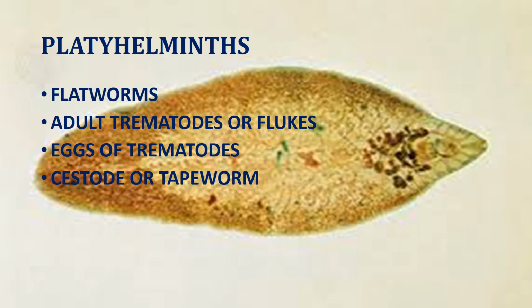Platyhelminths. Flatworms are dorsoventrally flattened animals. Parasitic flatworms may lack a digestive system. Adult trematodes or flukes have an oral and ventral sucker with which they attach to host tissue. Eggs of trematodes hatch into free-swimming miracidia that enter the first intermediate host.